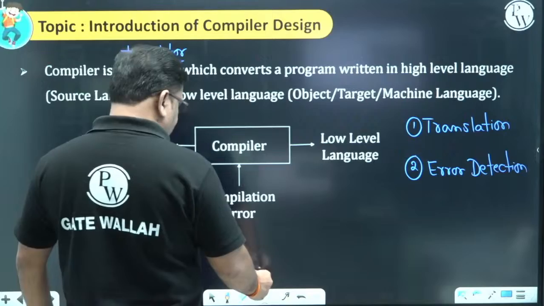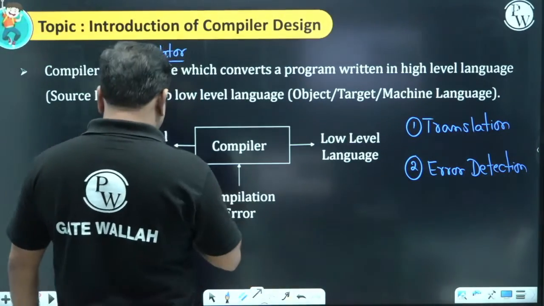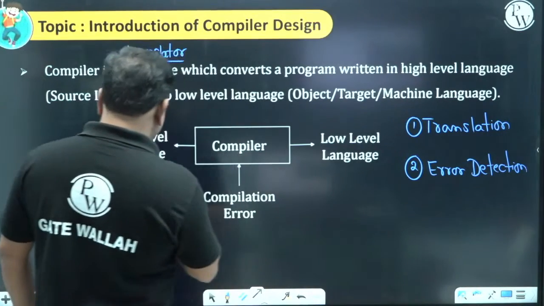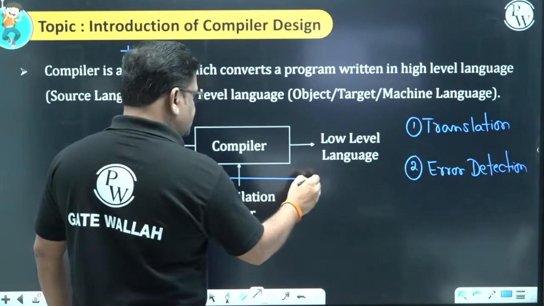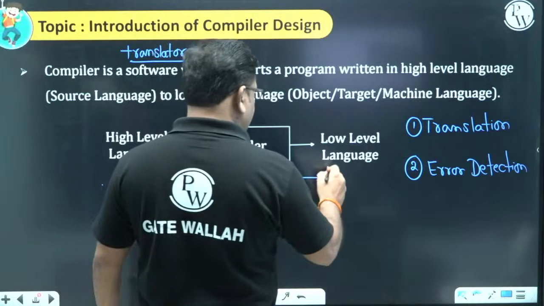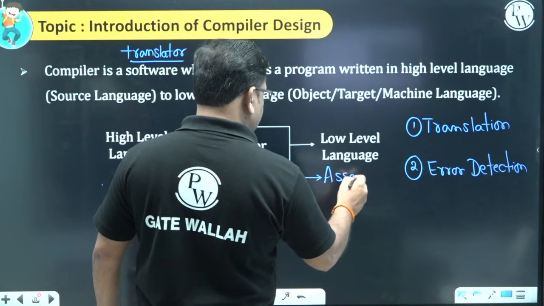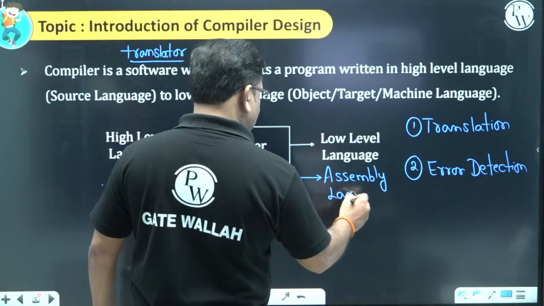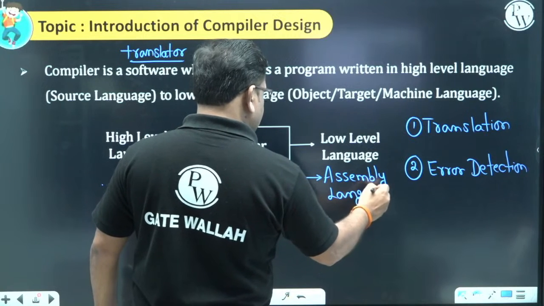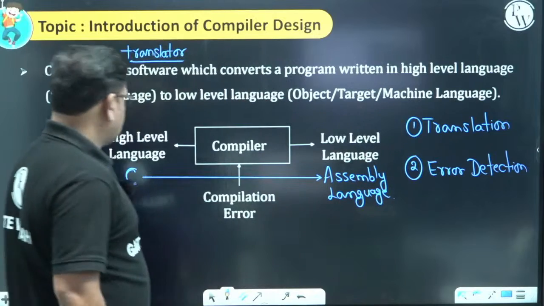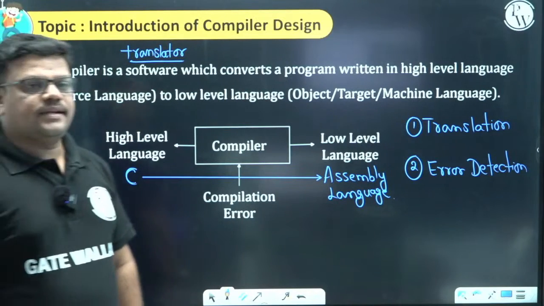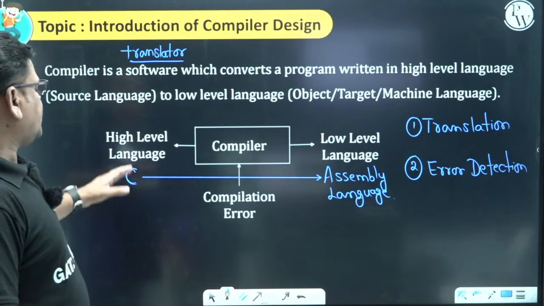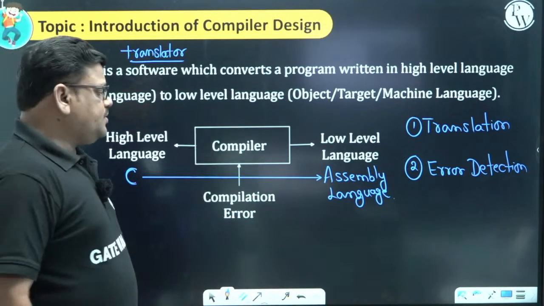What the C compiler will do is translate C language to assembly language. Java compiler, anything, is like this.